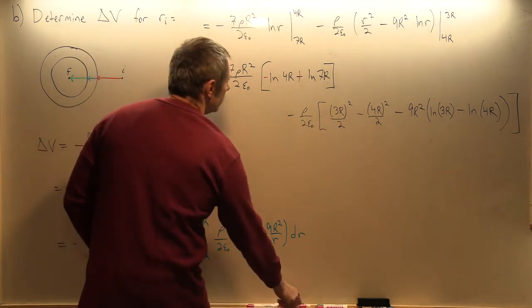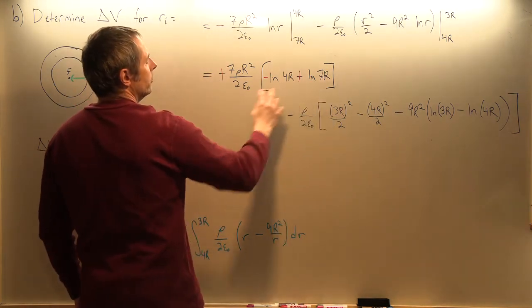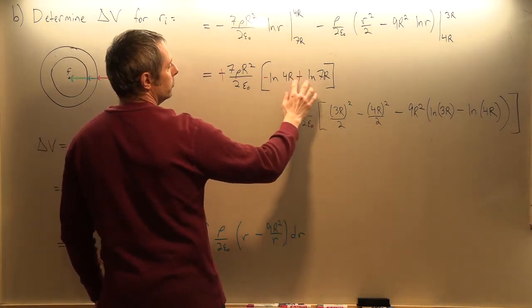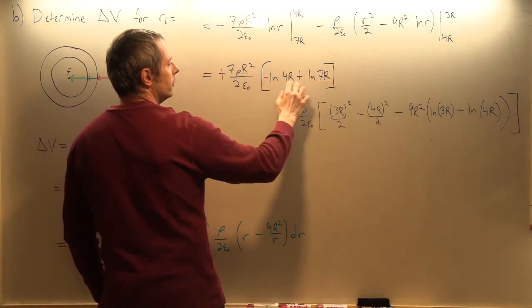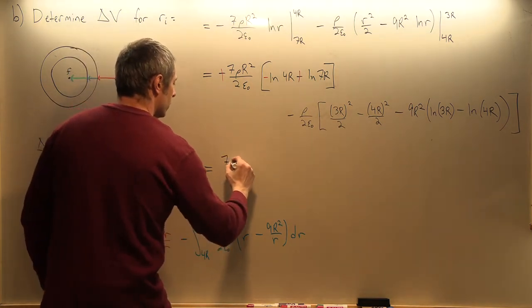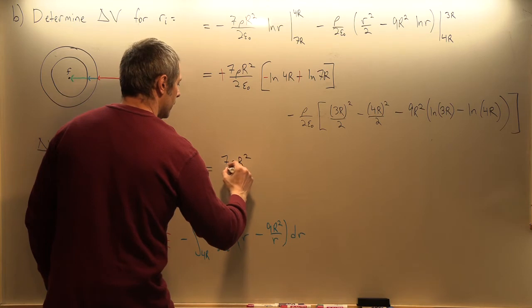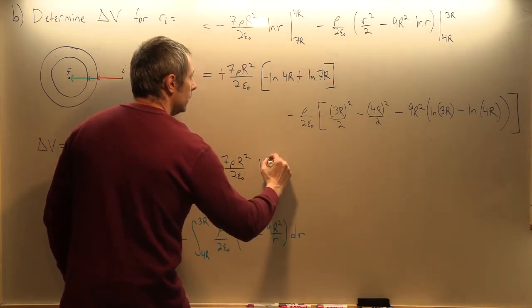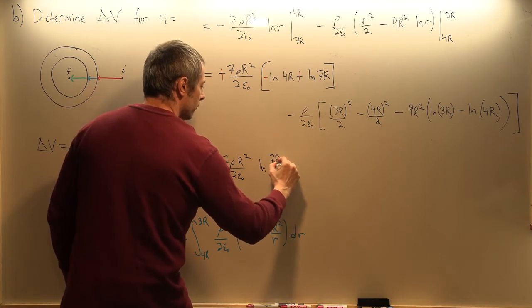Okay, so that makes log of 7r minus log of 4r. You can combine two natural logs if there's subtraction by putting these terms inside the log as a fraction. So I have 7 rho r squared over 2 epsilon 0 log of 7r over 4r.